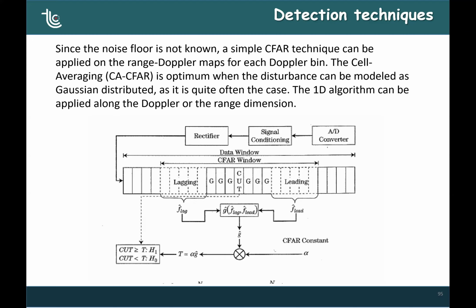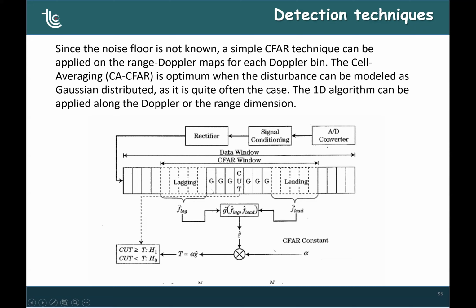The shift register is the line that you see in the data window and then the CFAR window. In the data window, one new range cell enters, and one range cell exits, okay, from here. So we have the cell under test, the CUT, at the center. Then we have the Gs that are the guard cells.